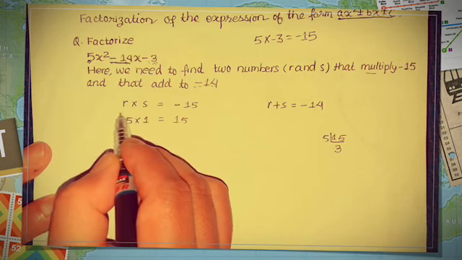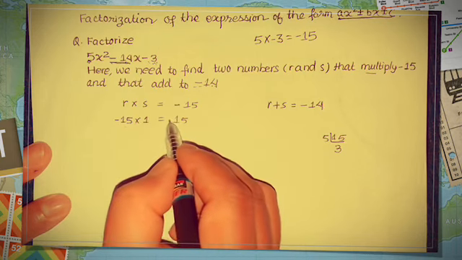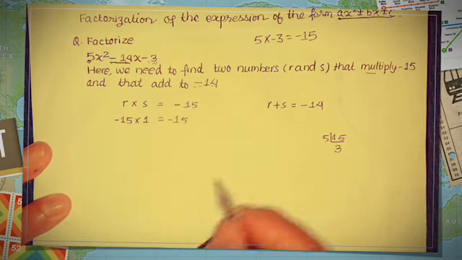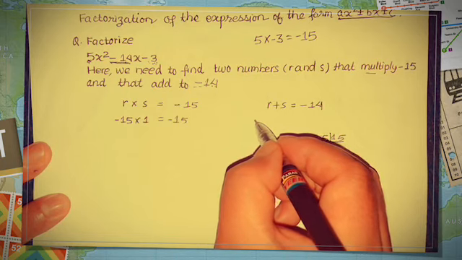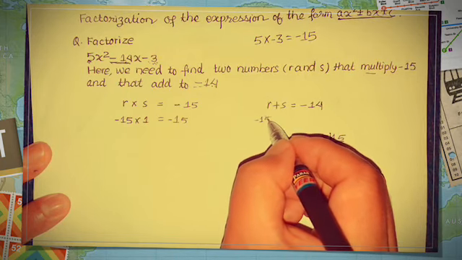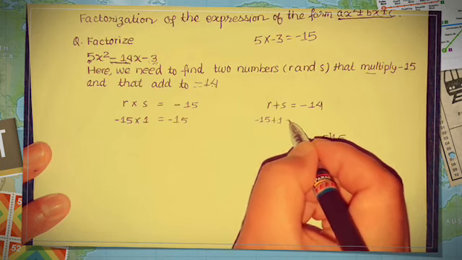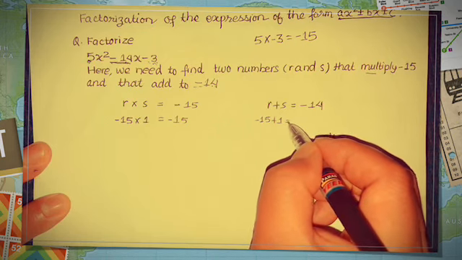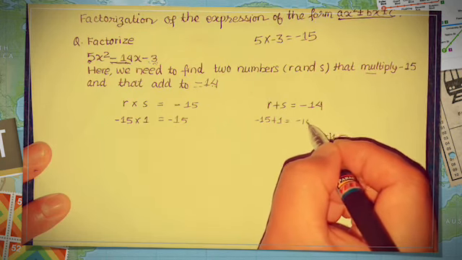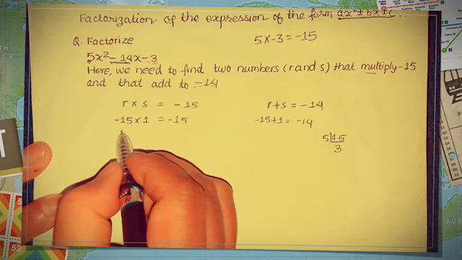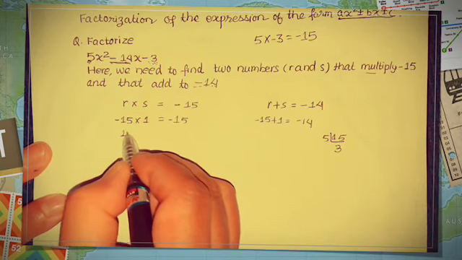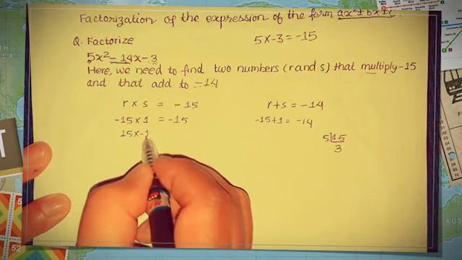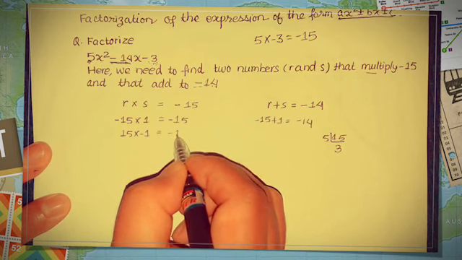One of the numbers must be negative. Taking minus 15 and 1, the sum is minus 14. Another pair is 15 and minus 1, which also gives minus 15.